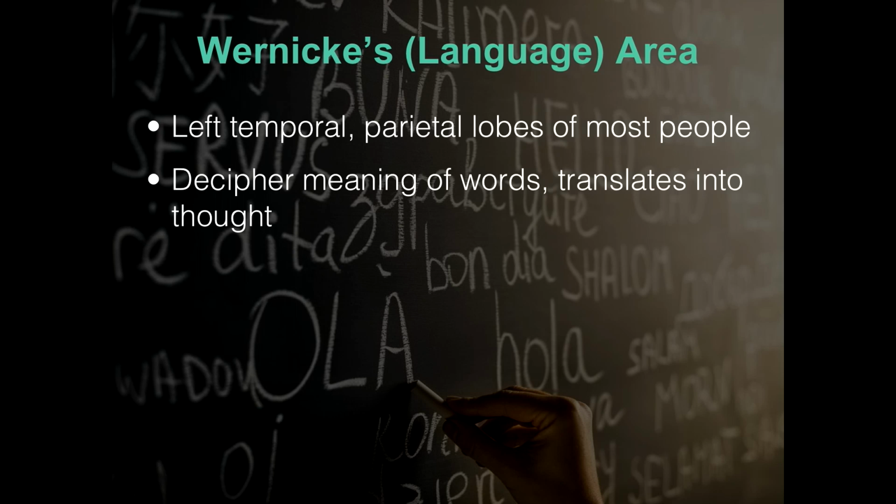But this is likely where new connections are formed when you learn a new language. So you would modify the connections in this area when you learned a new language. And then the strength of those connections and how branched they are, how many connections there are, would be proportional to how fluent you are in that language.